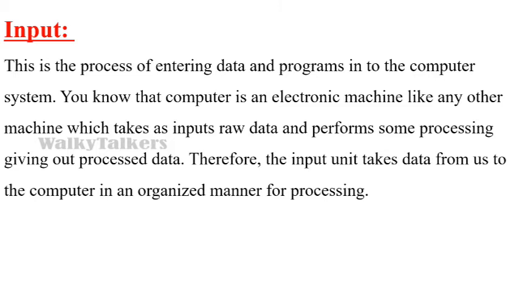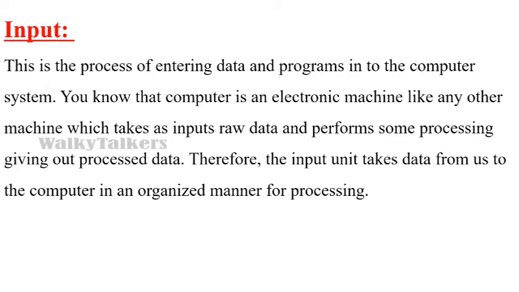So the process of entering data and programs into the computer system is basically known as input. We put in raw data, the computer processes it, and then we get an output.